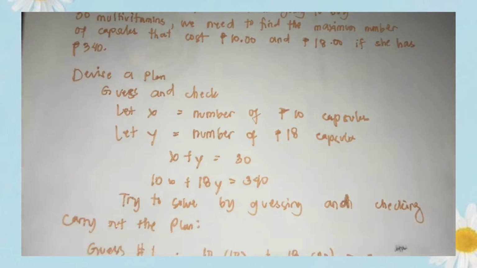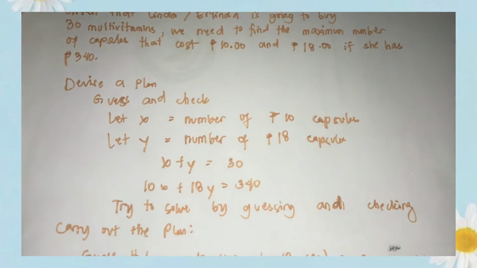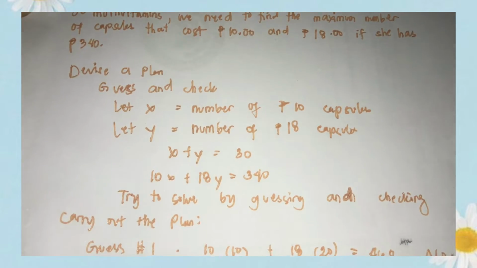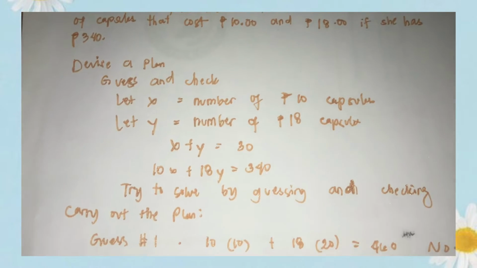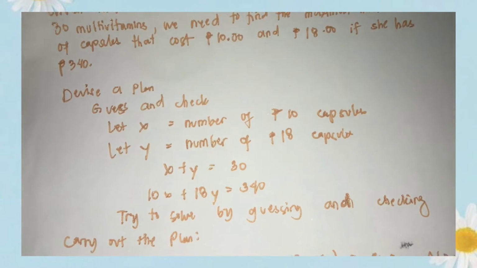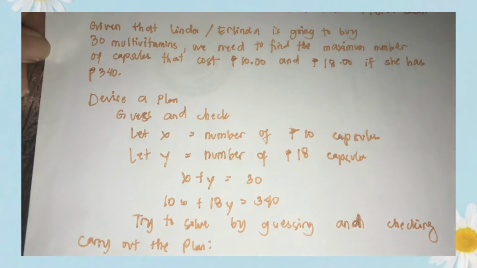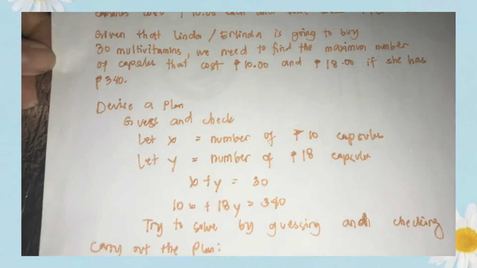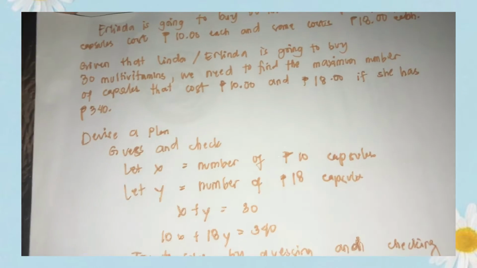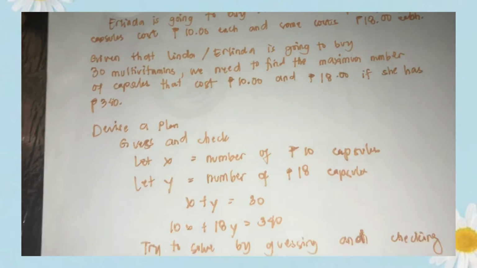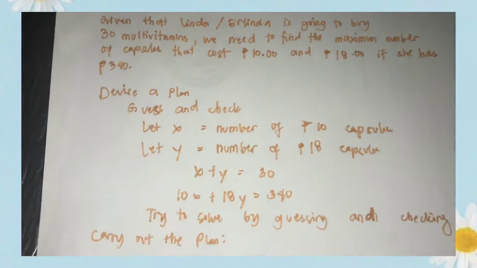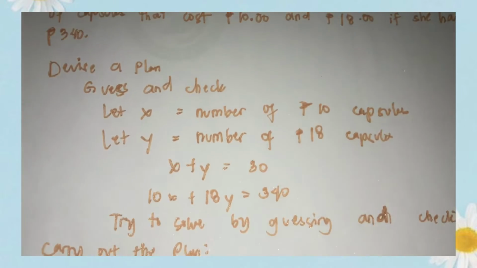In this case, usually the best strategy that we can do is to guess for the best probable answer that can result in 340. Here's how we can do it.